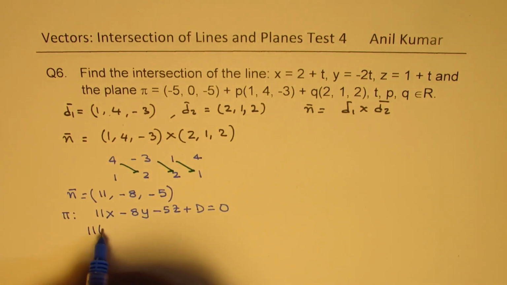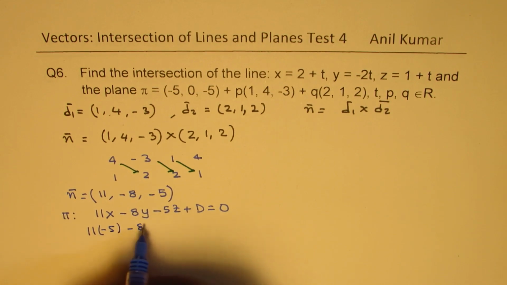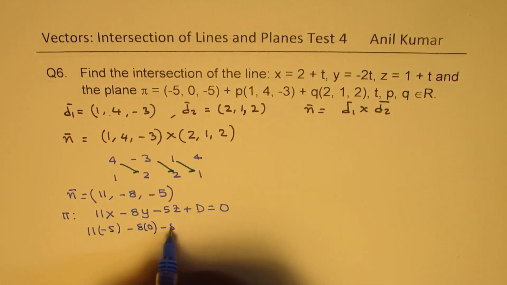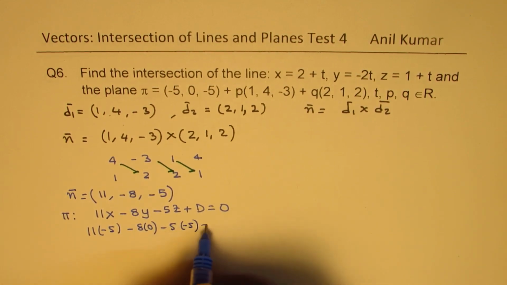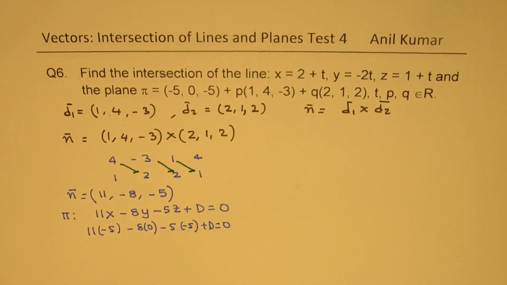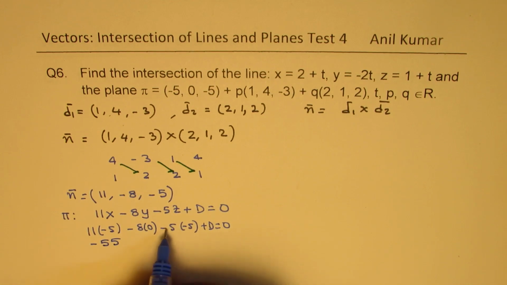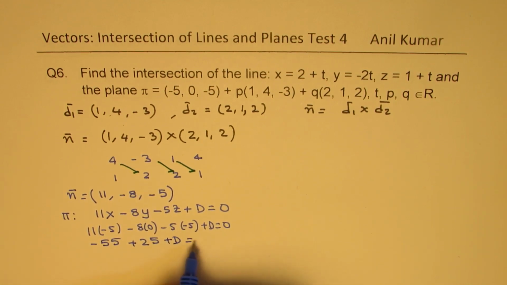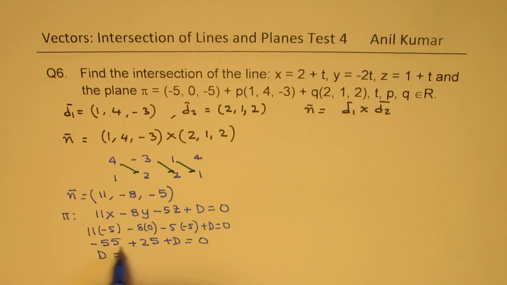So we have 11 times minus 5 minus 8 times 0 minus 5 times minus 5 plus d equals 0. That gives us minus 55, that is 0, and this is plus 25, plus d equals 0. So when you take away, you get 30 here, right? So d equals 30.